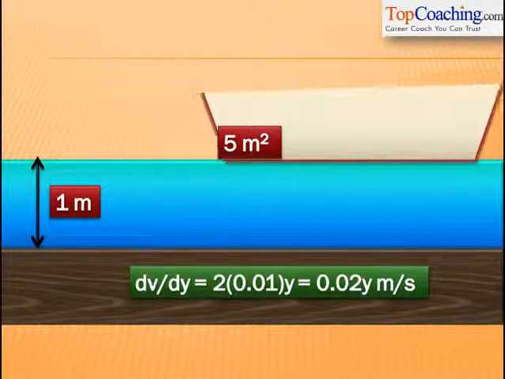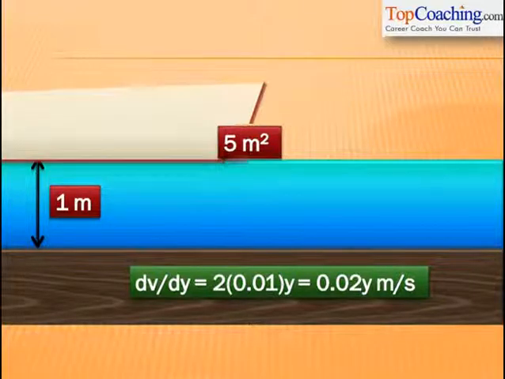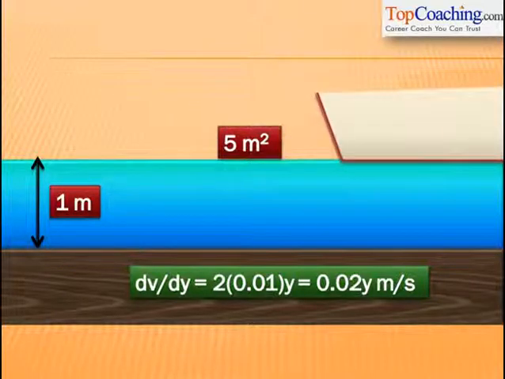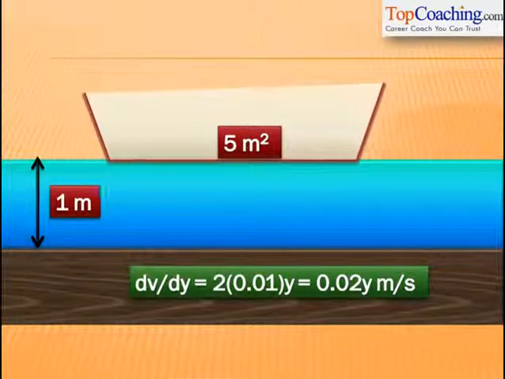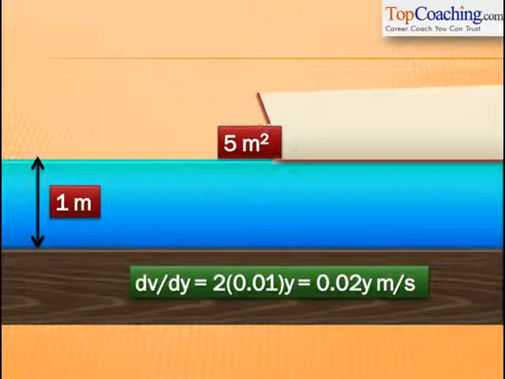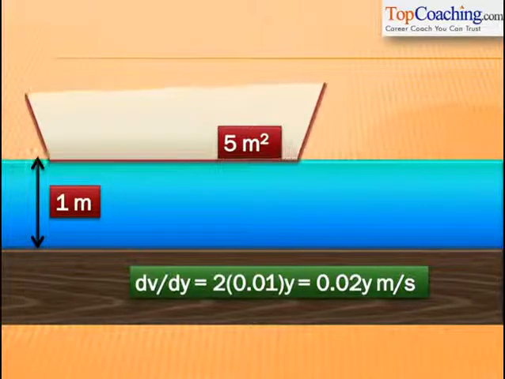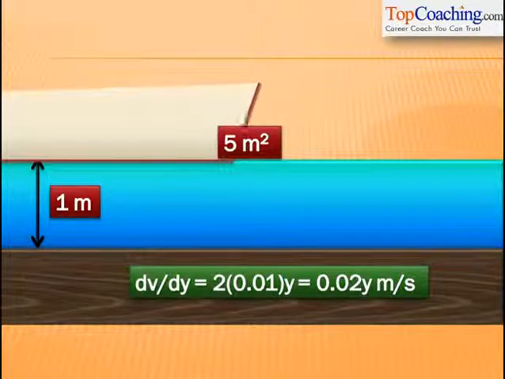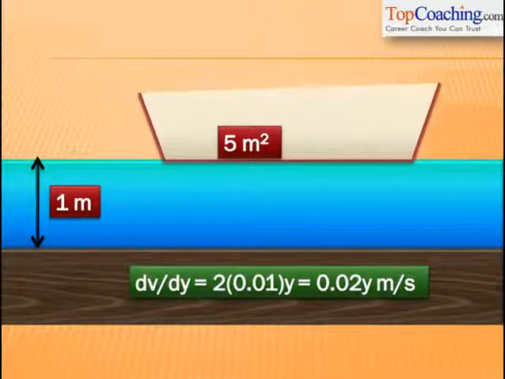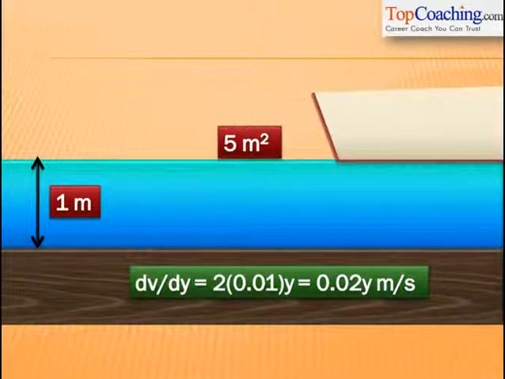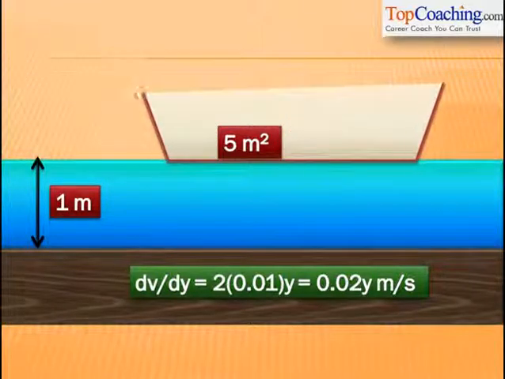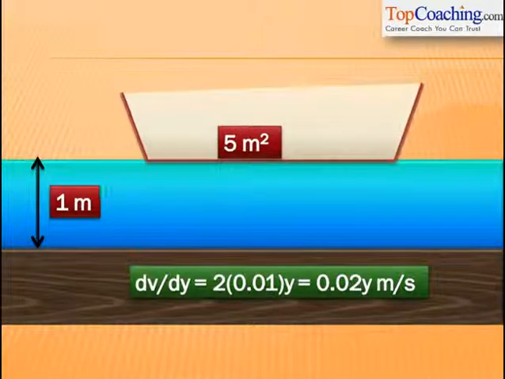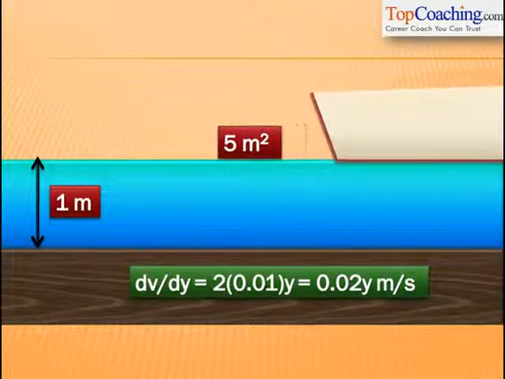So since v is 0.01 y square, dv by dy, the rate of change of velocity of the layers of the pond with respect to height above the bed, is 2 into 0.01 into y, isn't it? Which comes out to be 0.02 y meter per second. Now at the surface of the pond, the part of the liquid that actually applies the viscous force on the bottom of the boat, dv by dy is 0.02 into 1 meter, isn't it?